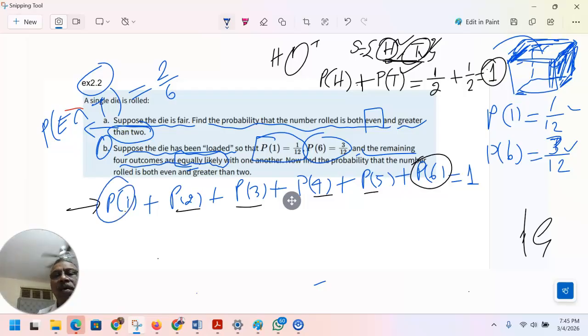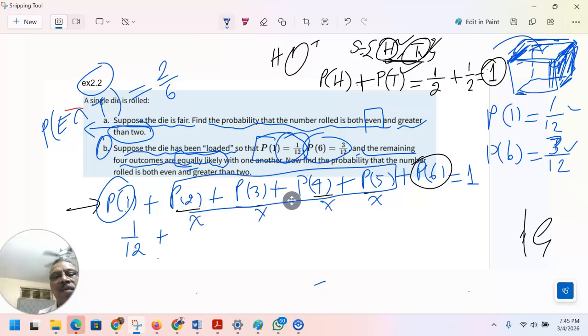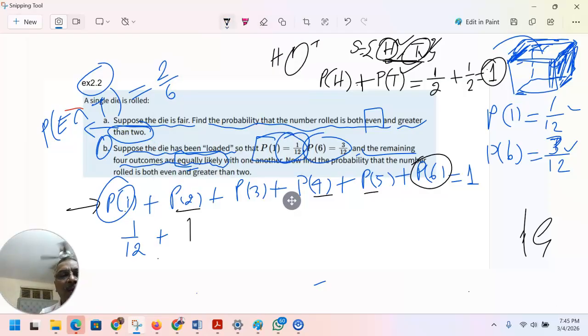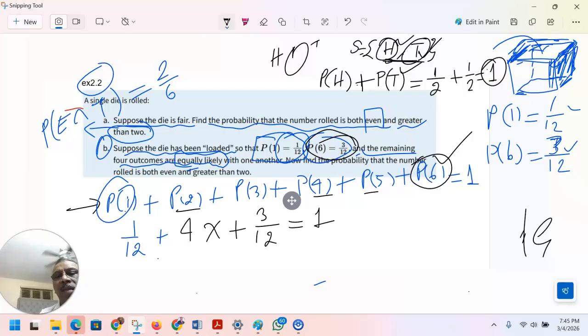So this probability was 1 over 12. And the four of them all are x, x, x, x. Remember I said x. There are four of them, so I can write 1 over 12 plus 4x, plus this one right here, which is 3 out of 12, equals 1.